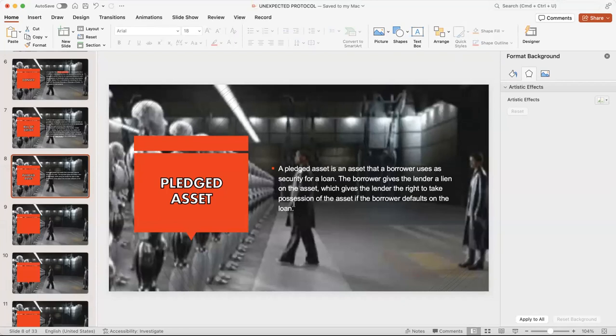So here's the part that's tricky, and this took me a lot of years of studying this and looking over my own contracts and other people's, is we're told the asset is the car. So it says it gives the lender a lien on the asset, which we believe is the car, and the lender the right to take possession of the asset if the borrower defaults on the loan.